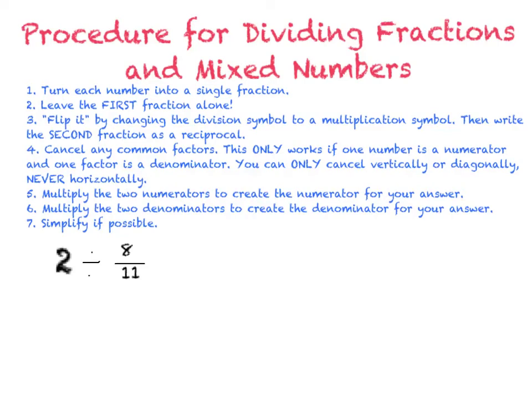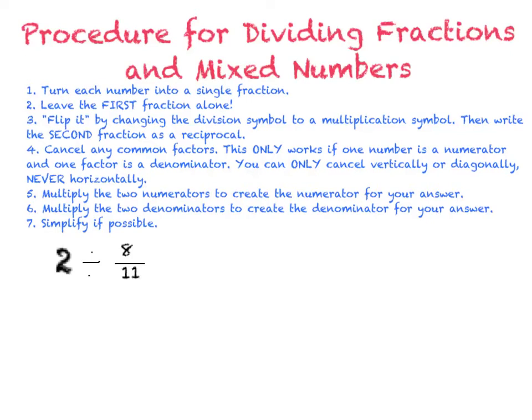There are 7 basic steps that we can follow to ensure that we're able to divide any combination of fractions and mixed numbers that we're presented with. The first thing we need to do is turn each number into a single fraction. So when I look at the first example, 2 divided by 8/11, I notice that the first number is not currently a single fraction, so I need to make it one.